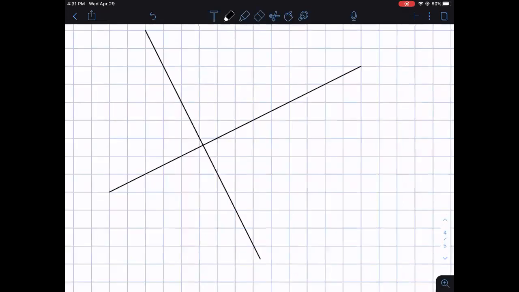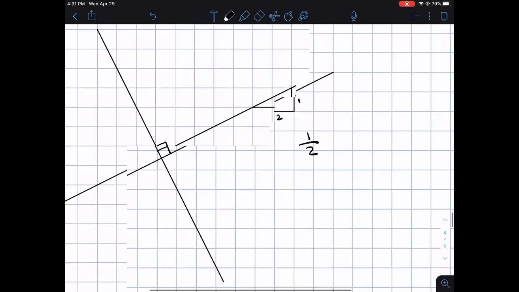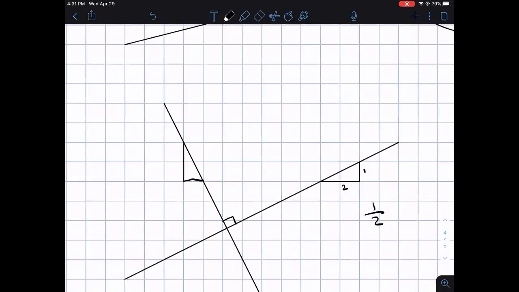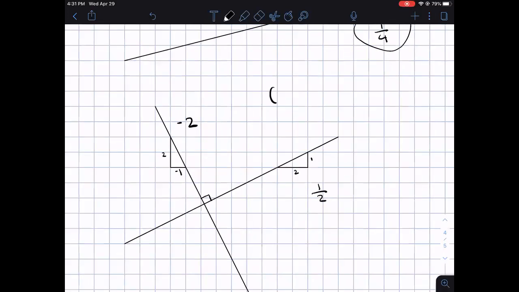So let's just confirm this real quick. For 2, and for here, it's 2 over -1. Wait, yeah, this is -1. So this has slope -2. So these are negative reciprocals of each other. And you can notice -2 times 1/2 is equal to -1.